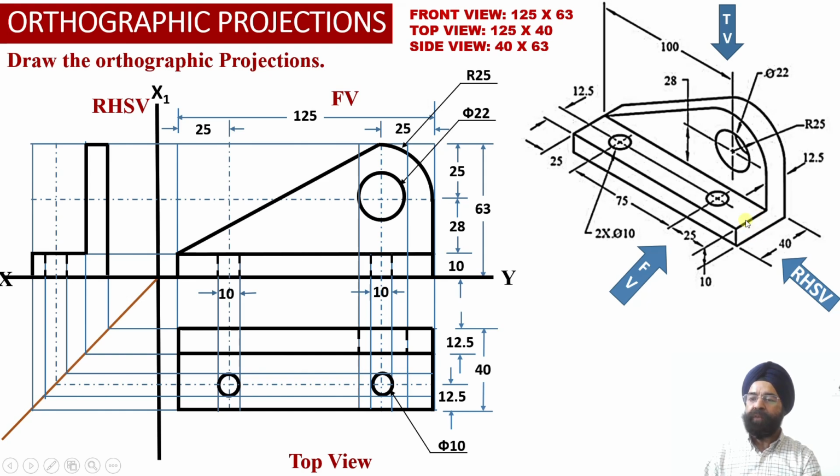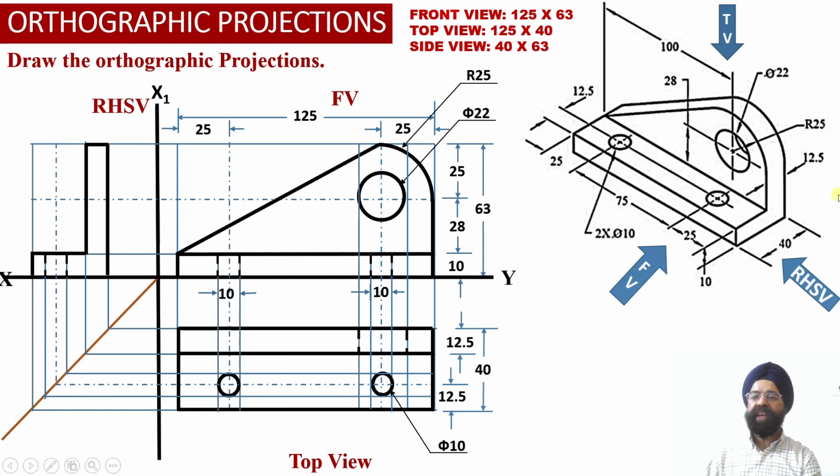So now we are going to obtain dotted line or hidden line projections in the right hand side view corresponding to this hole, which has a diameter equal to 10 millimeter. So this distance we can check out. This distance is equal to 10 millimeter, which we have already marked appropriately into the top view projections over here.